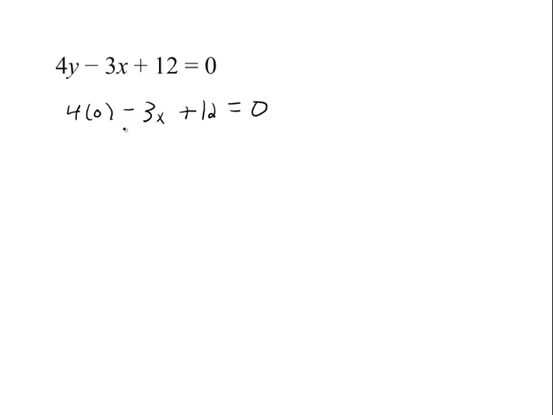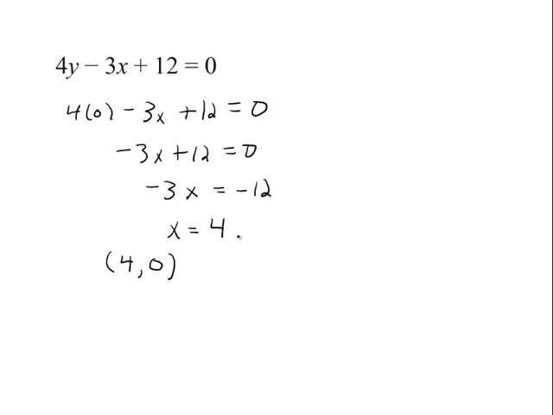So 4 times 0 is 0, so we're left with negative 3x plus 12 equals 0. Subtracting 12 from both sides, this becomes negative 3x equals negative 12. Dividing by negative 3, we see that x is a positive 4. So the x-intercept is 4, 0.